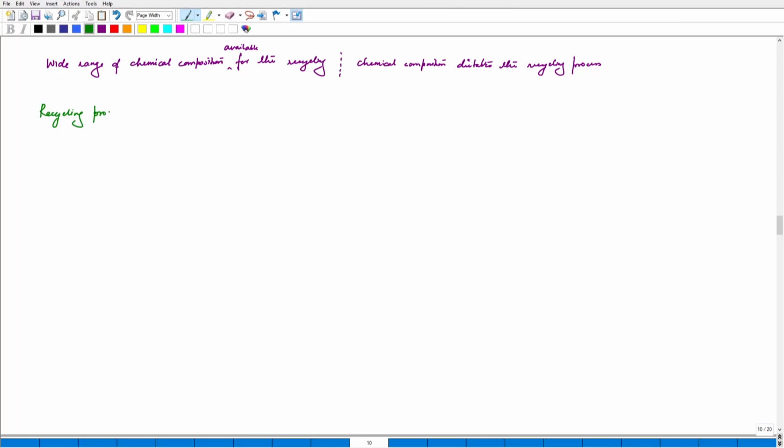Recycling processes. We know that the chemical composition has to be the key because we have a wide range of wastewaters. And why do we really need to recycle? Why recycle wastewater?